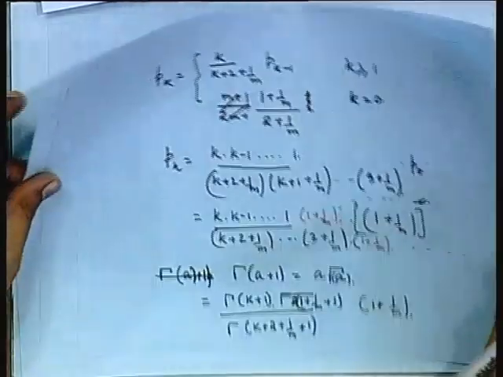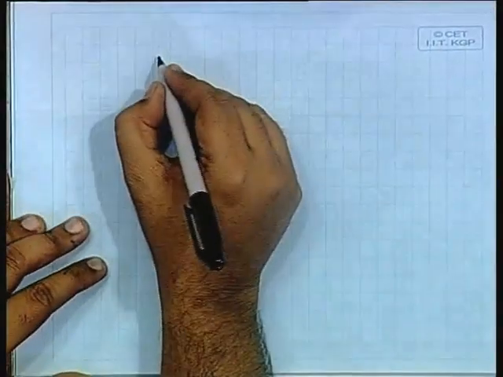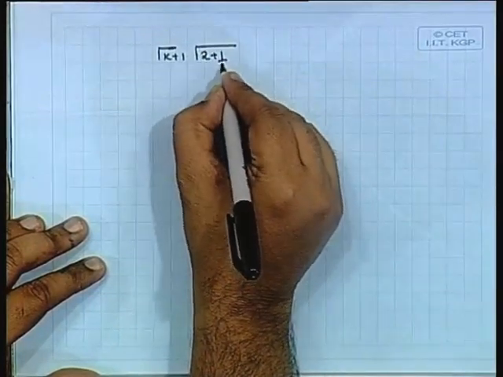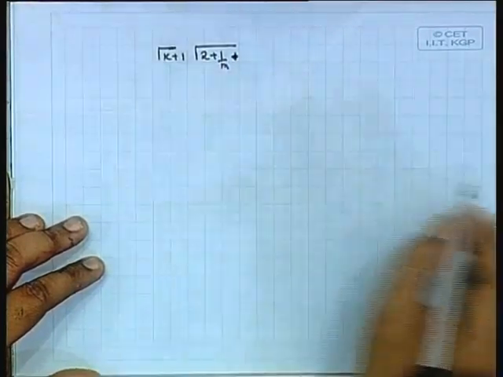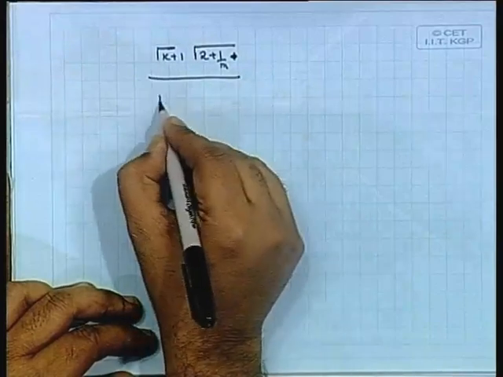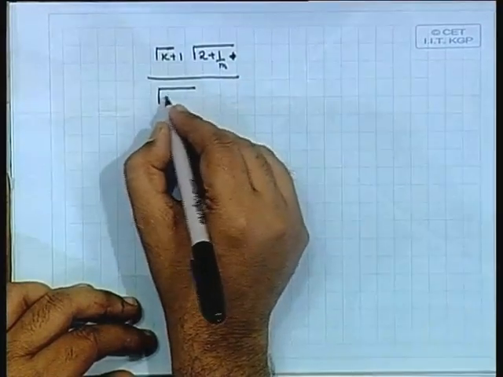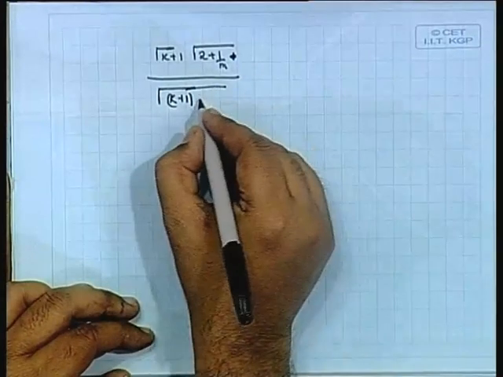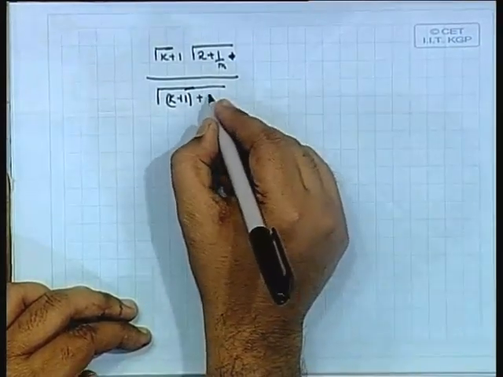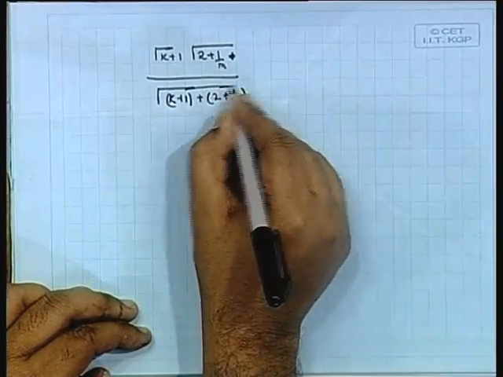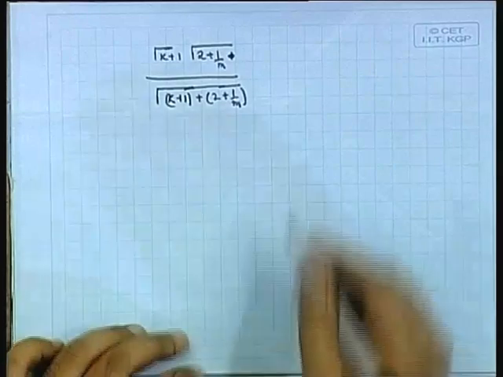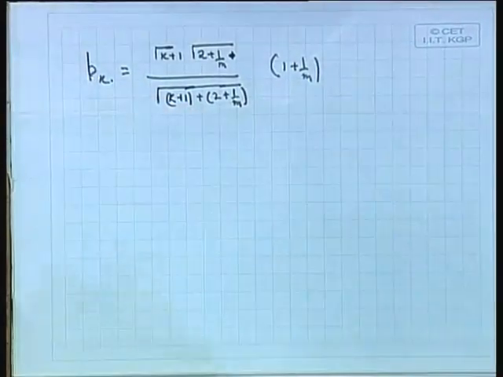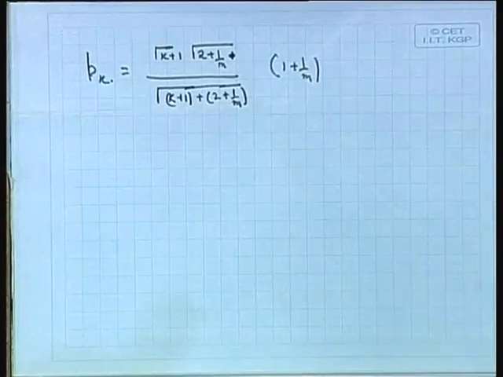Okay. So think this. We have gamma k plus 1, then you have gamma 2 plus 1 by m, and you have gamma k plus 1 plus 2 plus 1 by m.